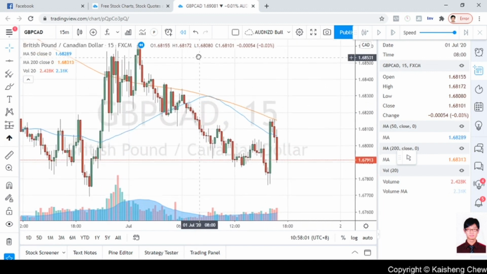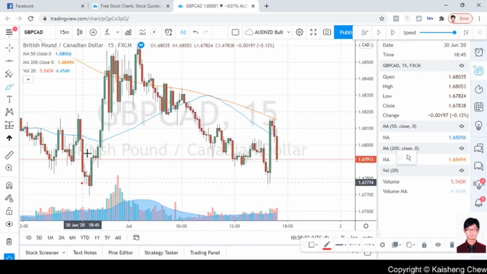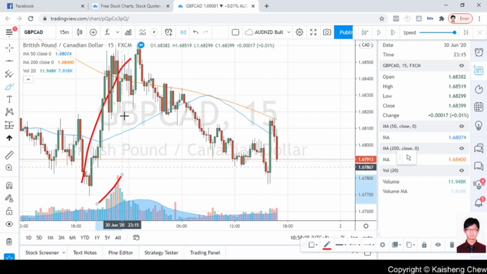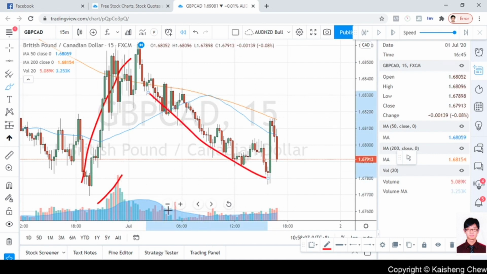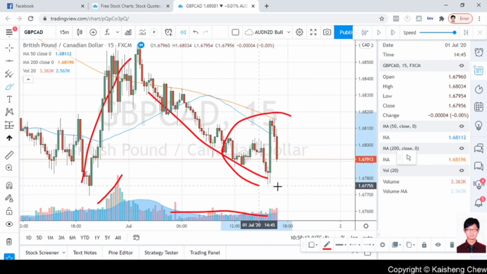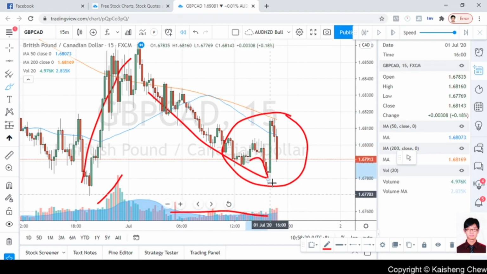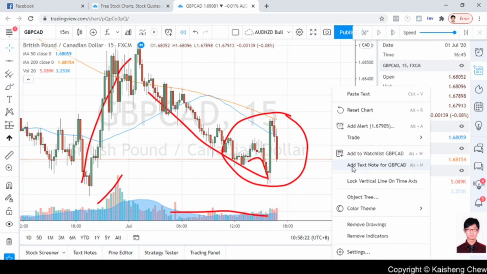Okay, so from 1 hour you know that upward movement high volume, downward movement low volume. Okay, so now you dig to the 15 minute, you look at the most recent price here. You can see that the price probe down here, okay, with a wick.